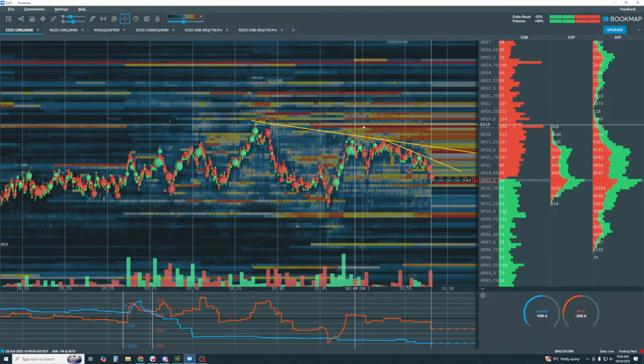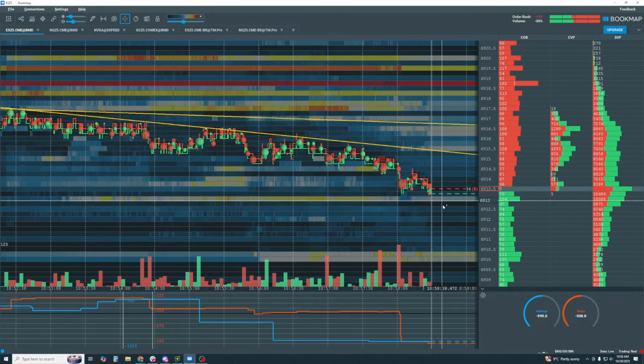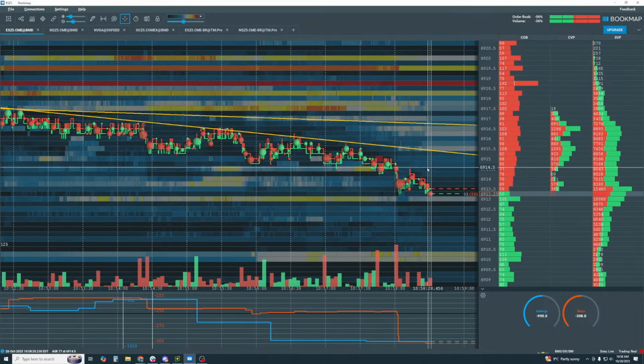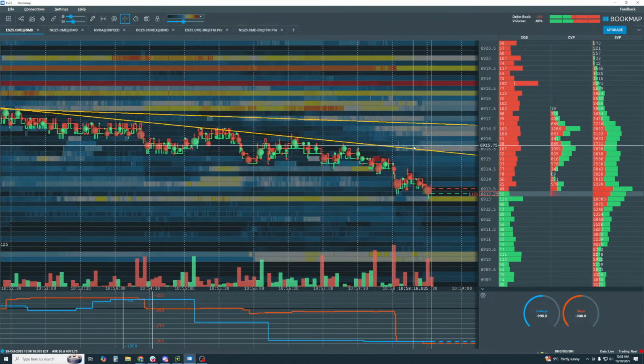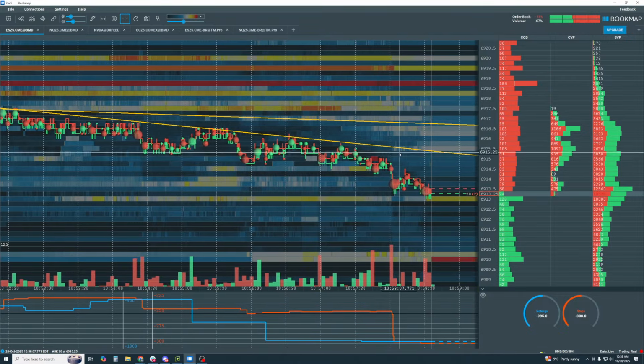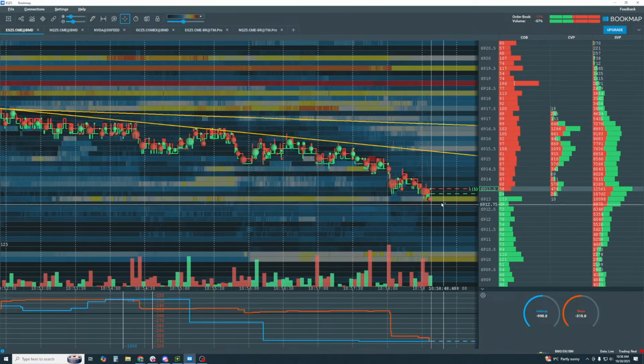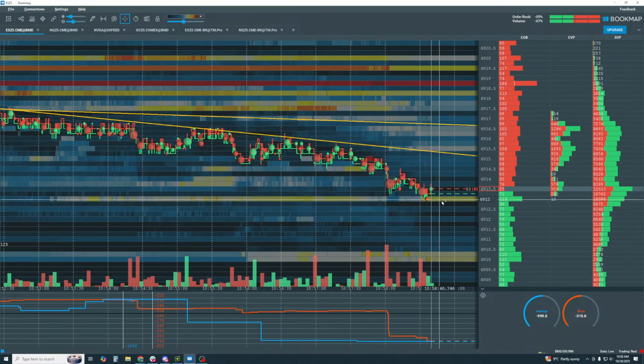Okay, so even this is a low volume pullback right here. Okay, break, pullback, and then we're looking for the next move down. Okay, you guys can scalp this all day long, right? And so we're looking for the move into high liquidity here, and let's see if enough sellers take it and they can trade down to 10 now.